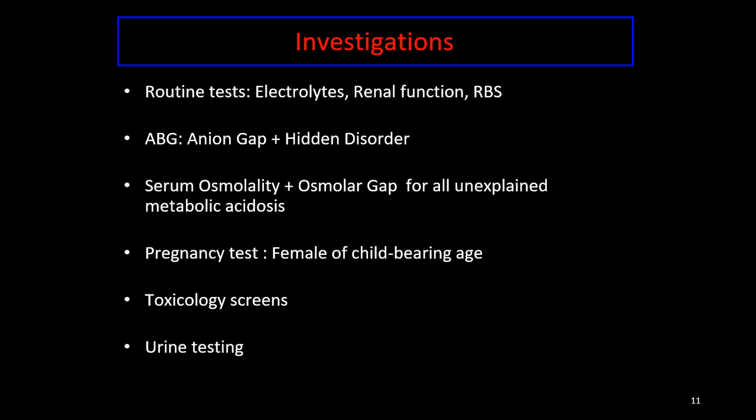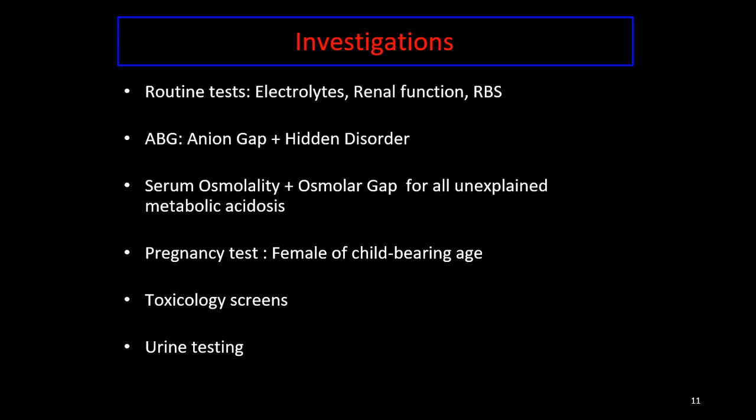Okay, so this is the routine test which you do in most poisoning: electrolytes, renal function, sugars, anion gap. Okay, which poisons or drugs cause high anion gap? Okay, methanol. Anything more? Where do you see high anion gap? High anion gap metabolic acidosis. Where do you encounter it? Which conditions?